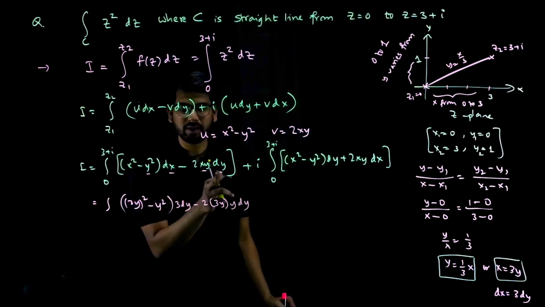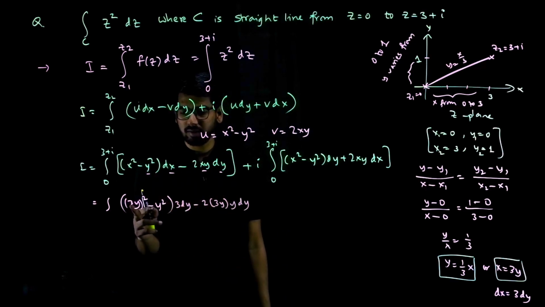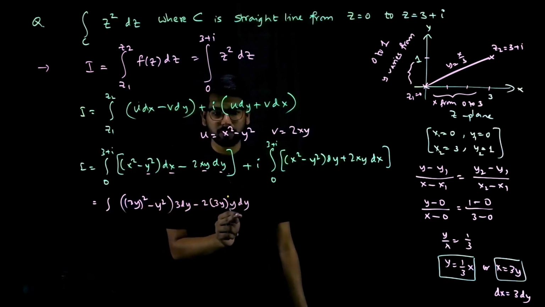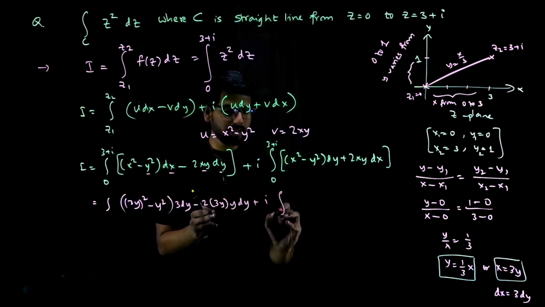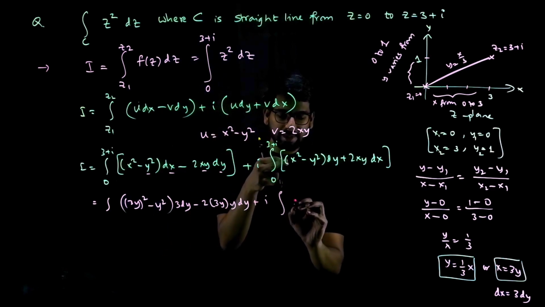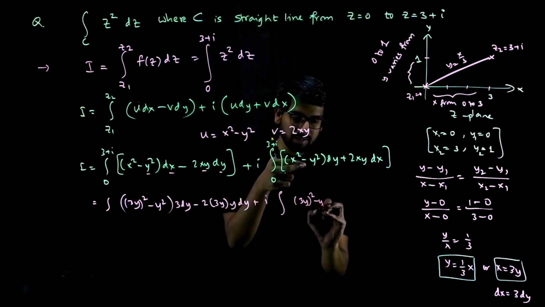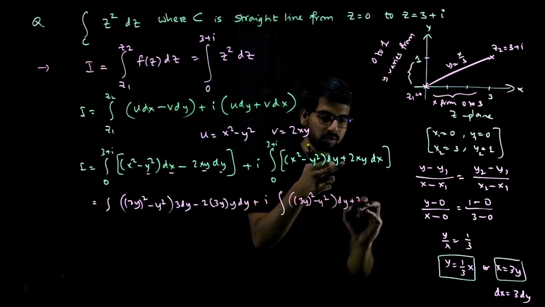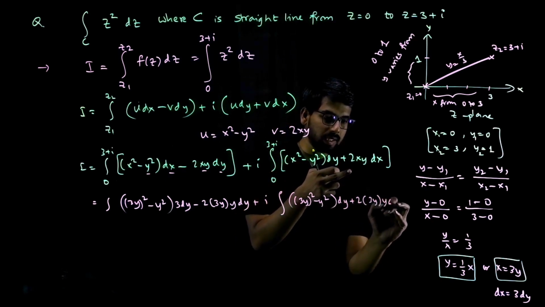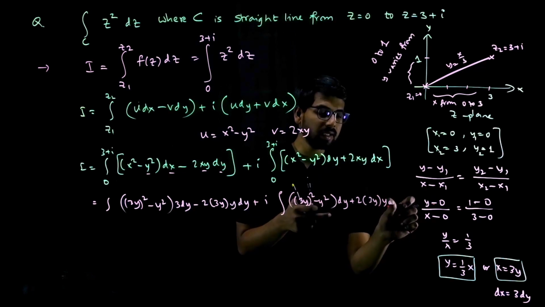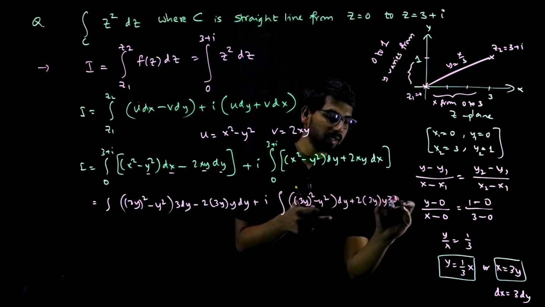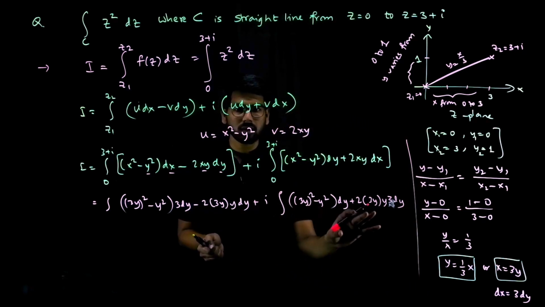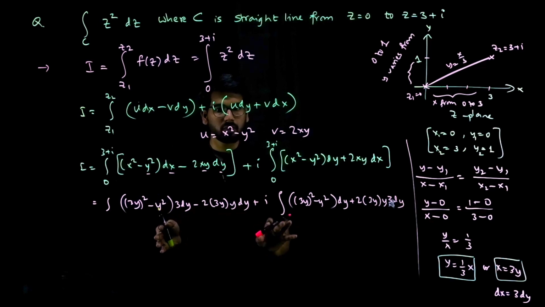Now the x's in this entire term are replaced with y. Plus i integration, again x is (3y) square minus y square dy, plus 2 times 3y times y, dx is nothing but 3 dy. So all the terms are in terms of y.